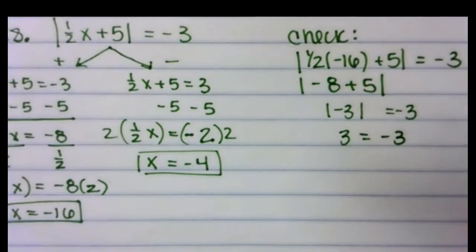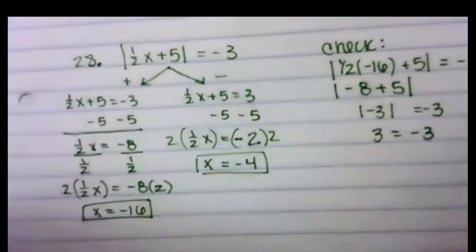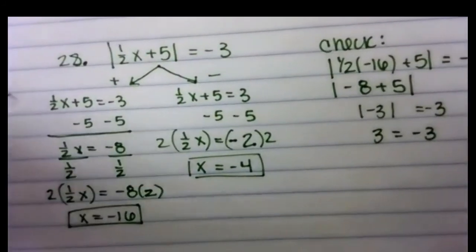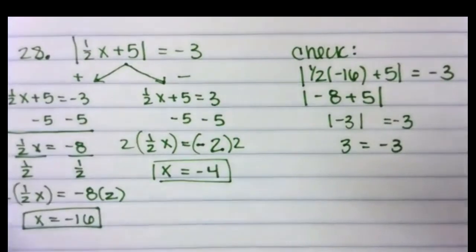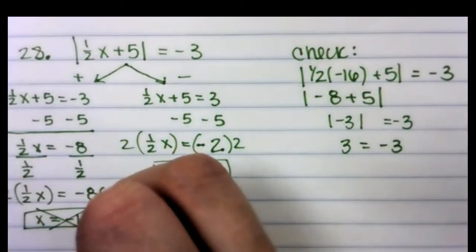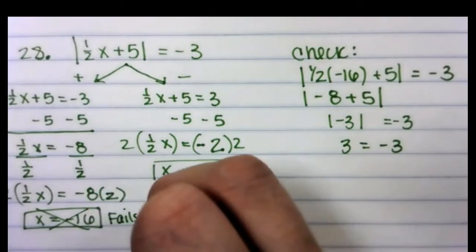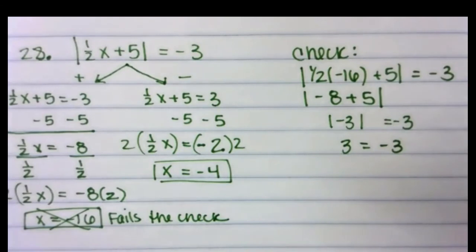Uh-oh. So why is it wrong? A positive can't equal a negative. Okay. So that means that this does not work. It fails the check. Can anybody tell me why it failed the check?